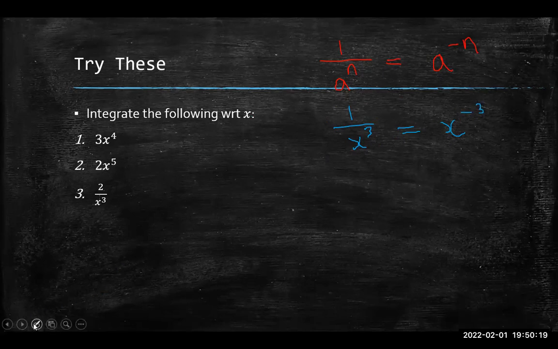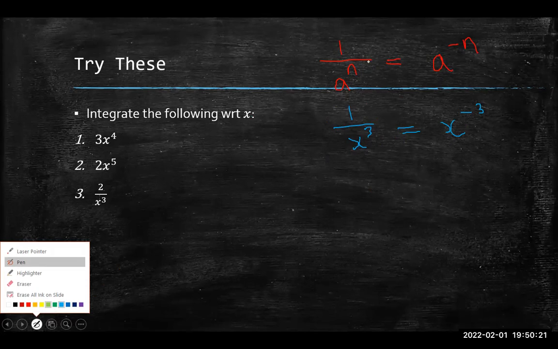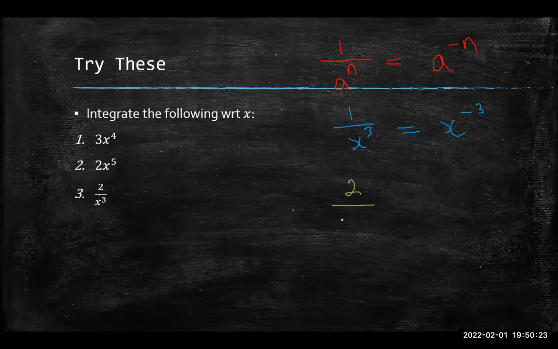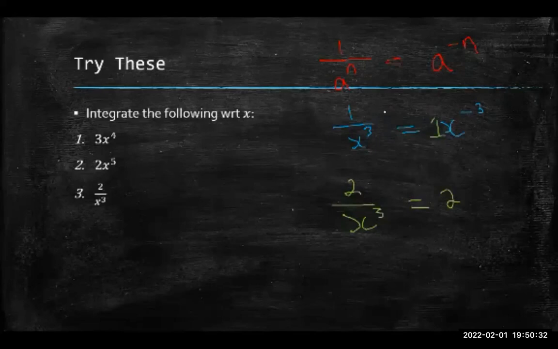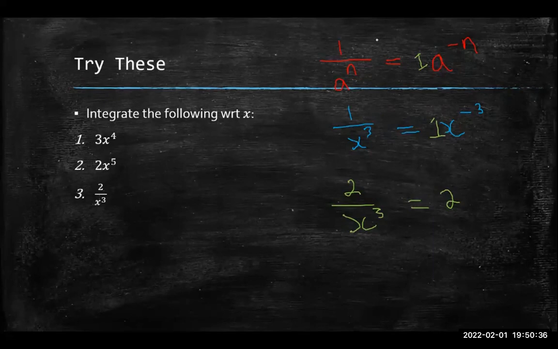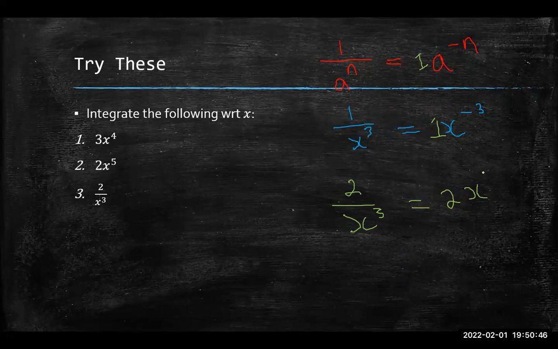And therefore, if I have 2 in the numerator, 2 on x cubed, I put back my 2 here. In the first case, 1 is understood, right? 1 is in the numerator, so I put back the 1 here. So 2 is in my numerator, I put the 2, and then according to my law, this becomes x to the minus 3.